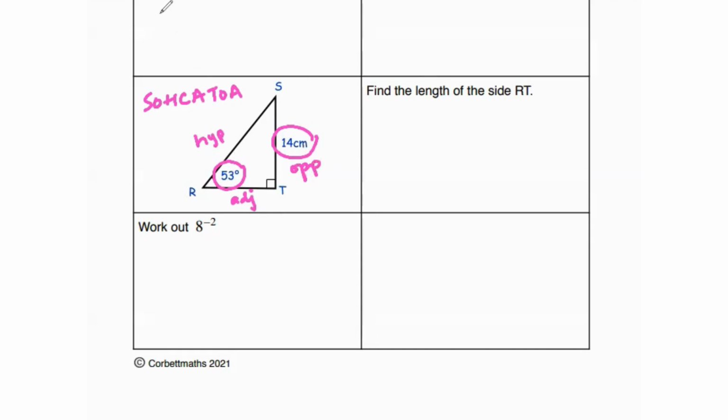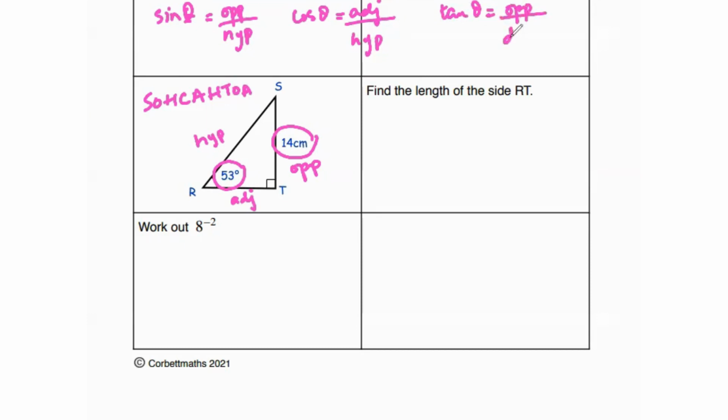If I write the trig ratios, SOH means sine theta is opposite over hypotenuse. Just put that: SOHCAHTOA. The CAH means cos theta equals adjacent over hypotenuse, and TOA means tan theta equals opposite over adjacent.